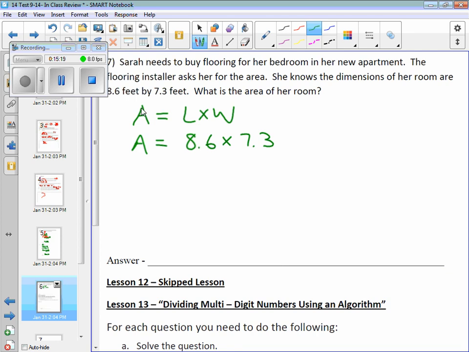And then if you multiply correctly, you'll get 6278. Decimal has been moved once here and once here. So we're going to move the rock twice here, and you get 62.78 feet as being the area.